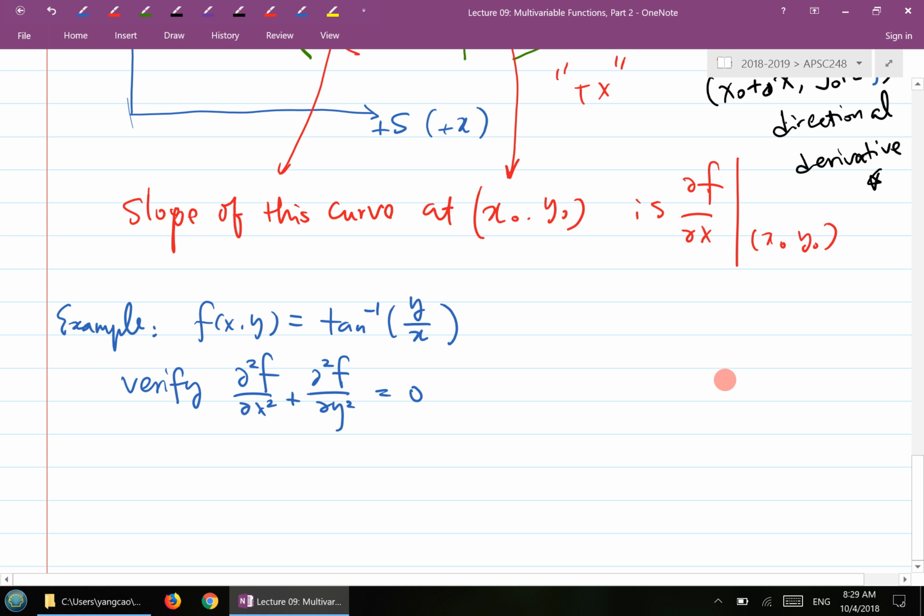This is actually a fairly common partial differential equation. As we explained, the order of this partial differential equation is second order.